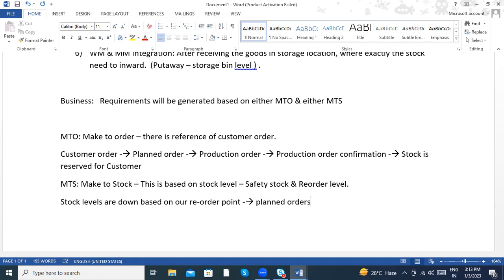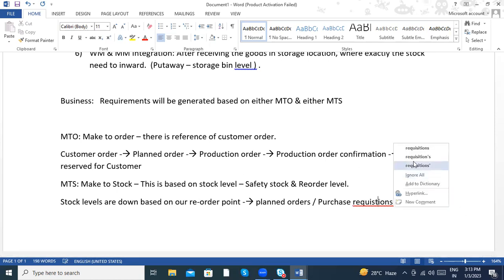It may be planned orders or purchase requisition. When it is external procurement, it is a purchase requisition; if it is in-house production, then it is planned orders.